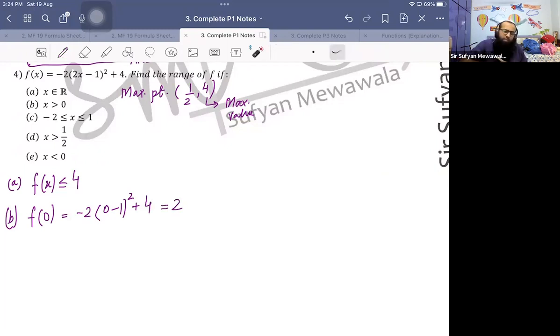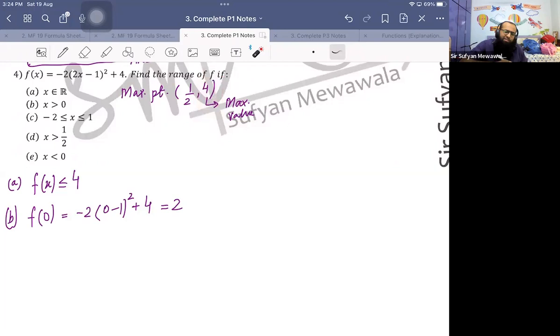Now the maximum value was 4. But the question is, is this maximum value applicable or not? सवाल ये पैदा होता है, क्या ये maximum value applicable है भी या नहीं है?